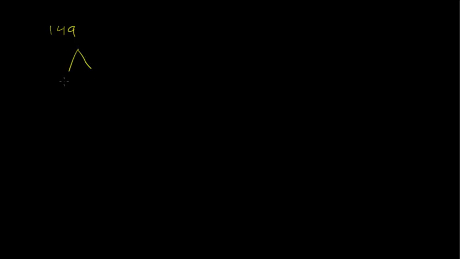We divide it by 3 and we get 49. We can divide 49 by 7 and get 7. So the prime factorization for 149 is 3 times 7 times 7, or 3 times 7 squared.